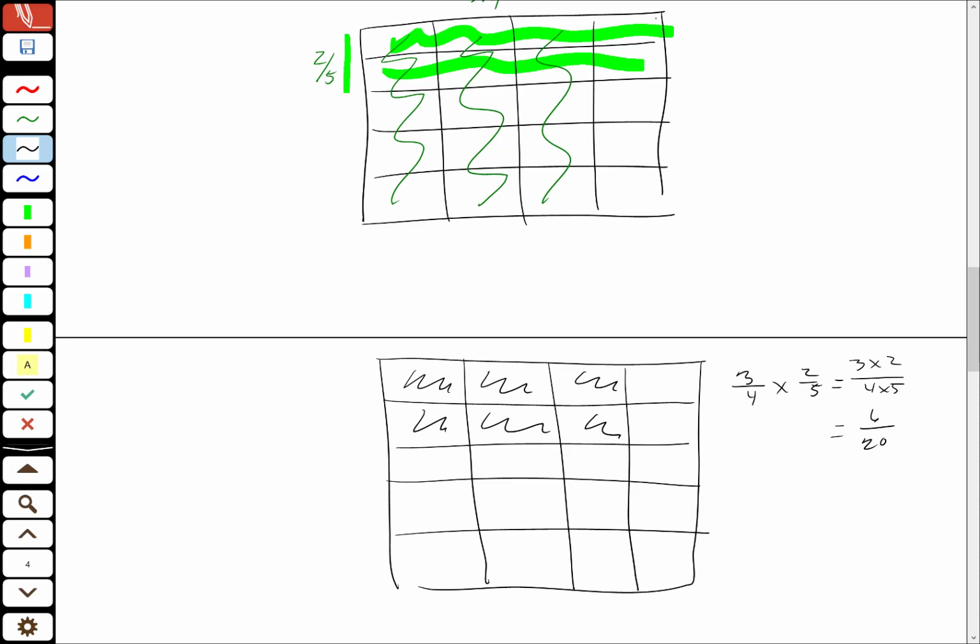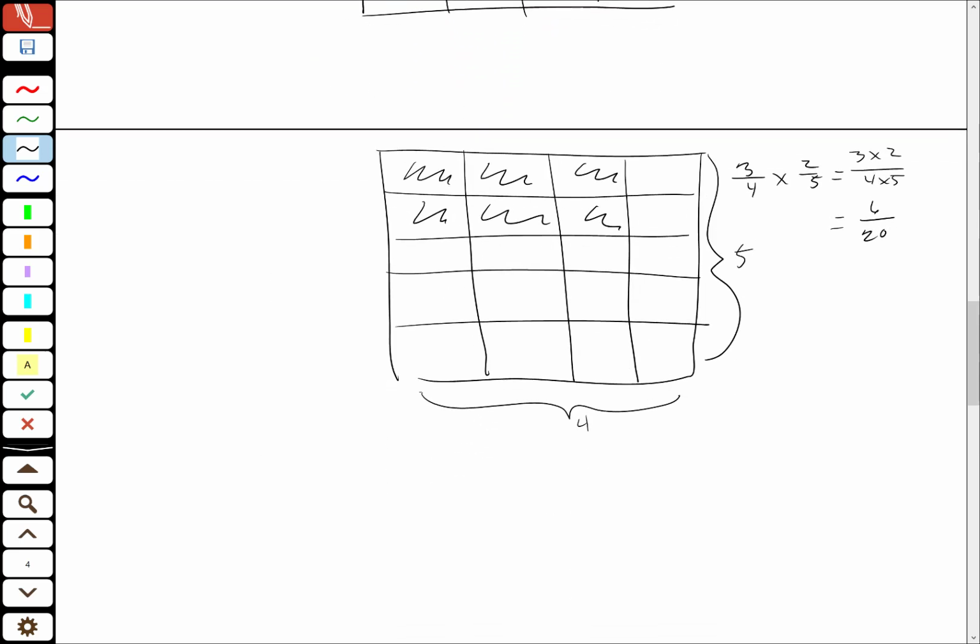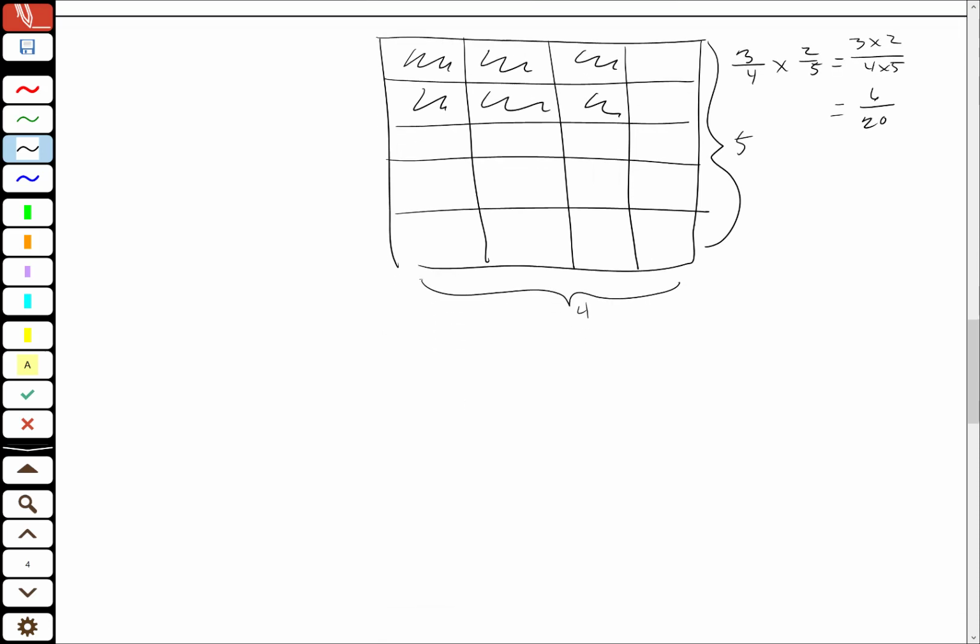And there are my 6 pieces, and you can see this part of the thing has 4 columns, and going this direction I have 5 rows, which gives me 20 total pieces. Okay, and again, this would be a final result, except there's 6 out of 20, so I know that is 3 out of 10.